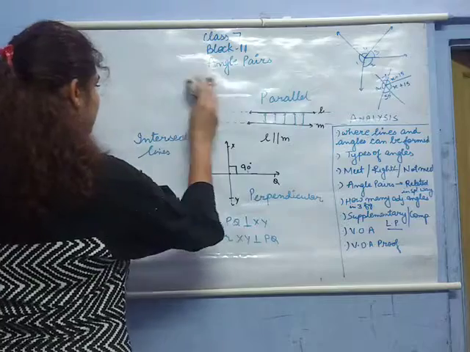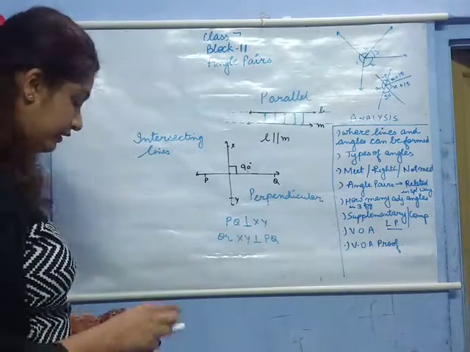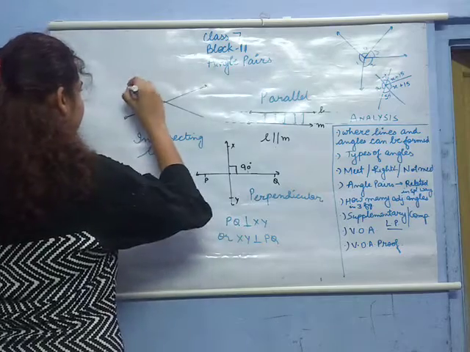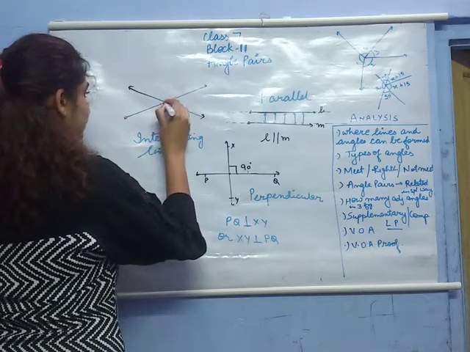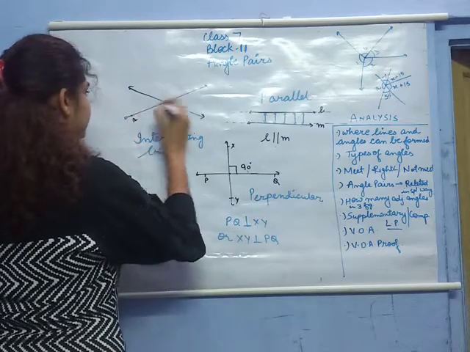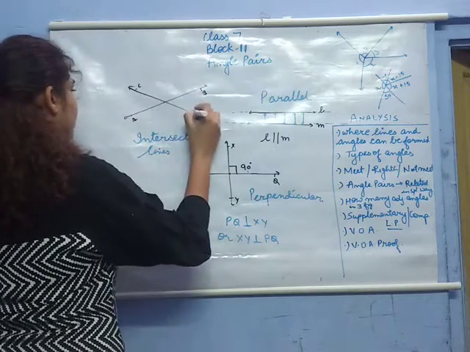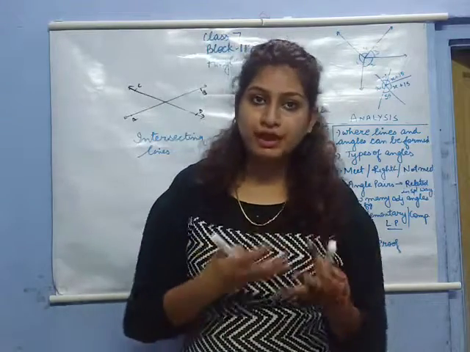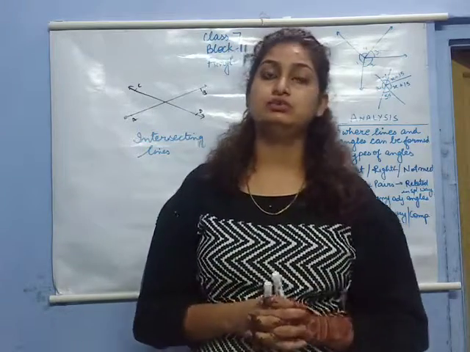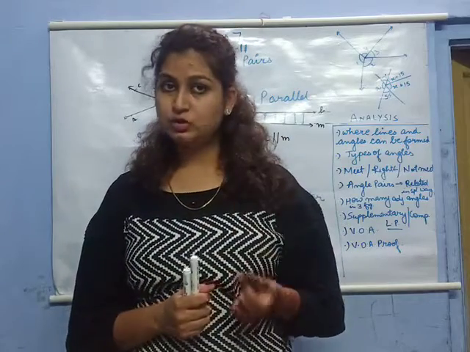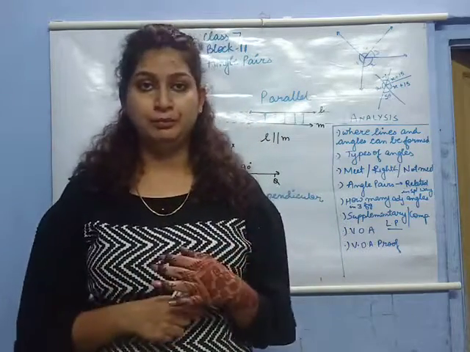Now, before moving ahead, I am going to ask you one more thing. What is an adjacent angle, which we have learnt already? Adjacent angles are a pair of angles which are just next to each other, having one vertex common and one arm common, right?